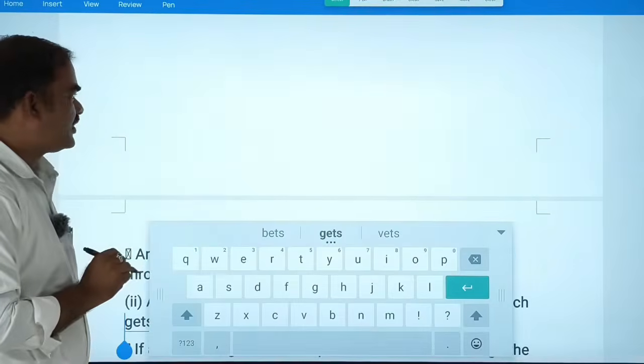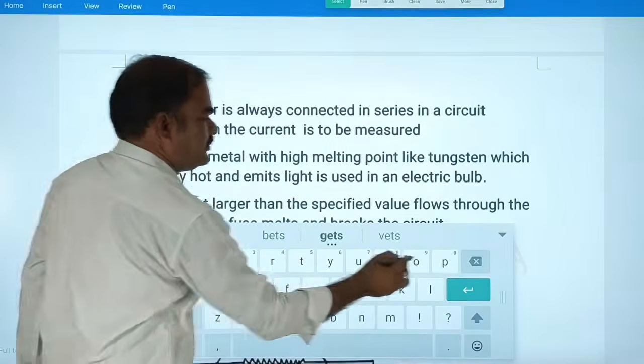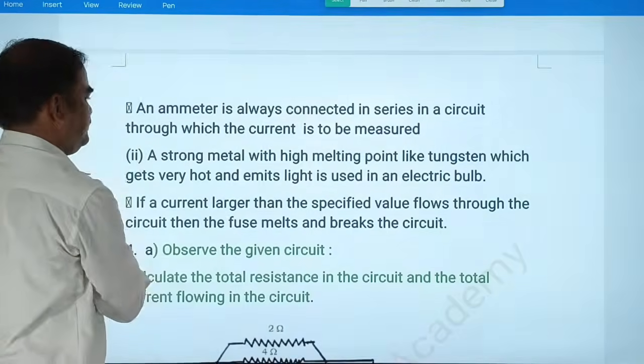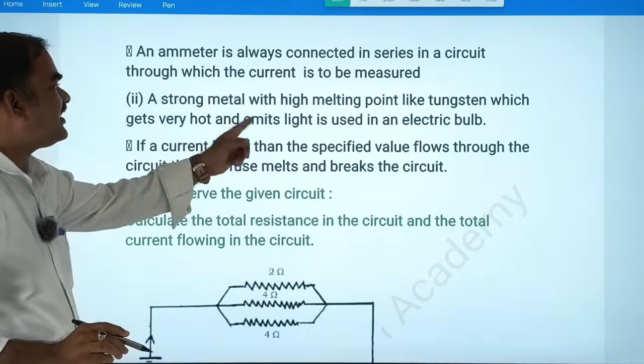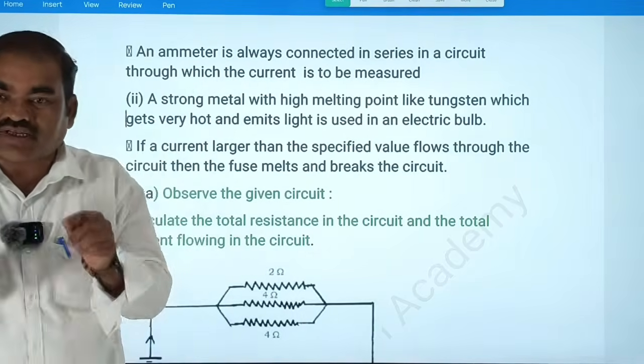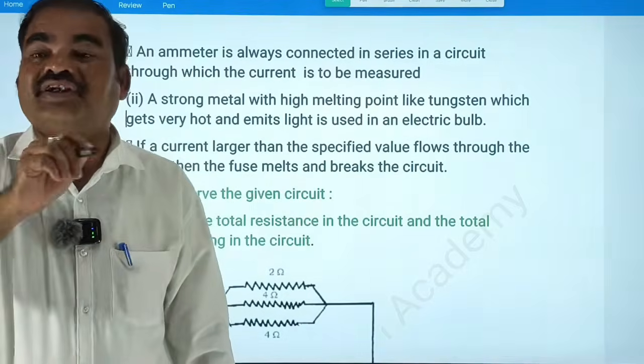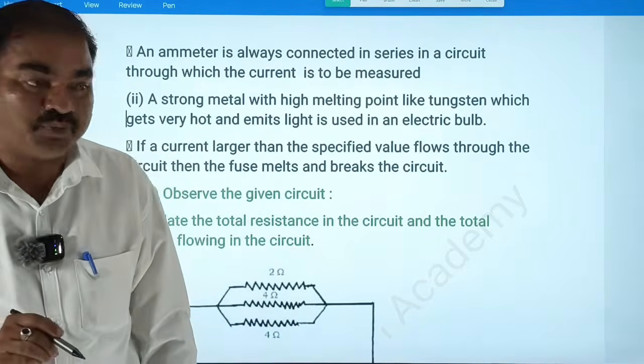Coming to fuse, a strong metal with high melting point like tungsten. So tungsten is a metal having a high melting point.